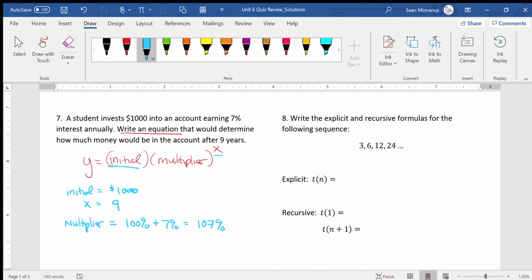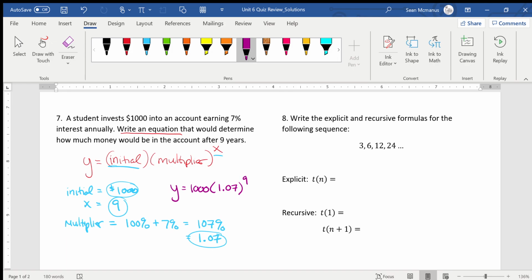But I have to write that as a decimal, so I'm going to write that as 1.07. That's my multiplier. So now I know the initial, the multiplier, and the x. So my final equation: 1,000 times 1.07 to the 9.